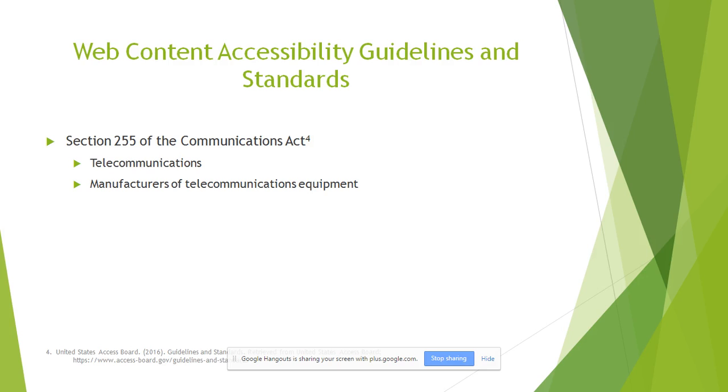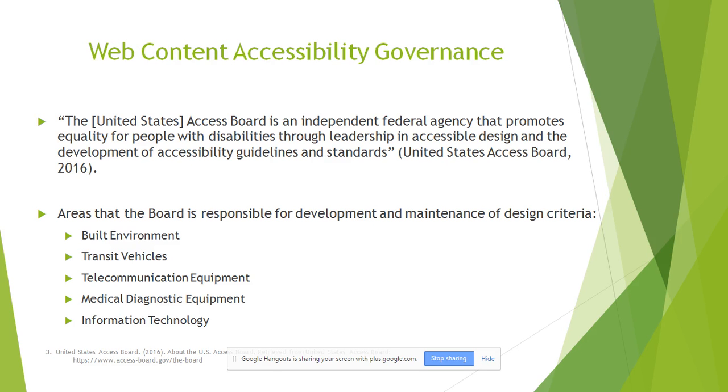This act sets standards for telecommunications as well as manufacturers of telecommunication equipment. The board that's responsible for governing the acts is the United States Access Board. The board is an independent federal agency that vows to promote equality for people with disabilities. They're responsible for the development and maintenance of built environments, transit vehicles, telecommunication equipment, medical diagnostic equipment, and information technology.